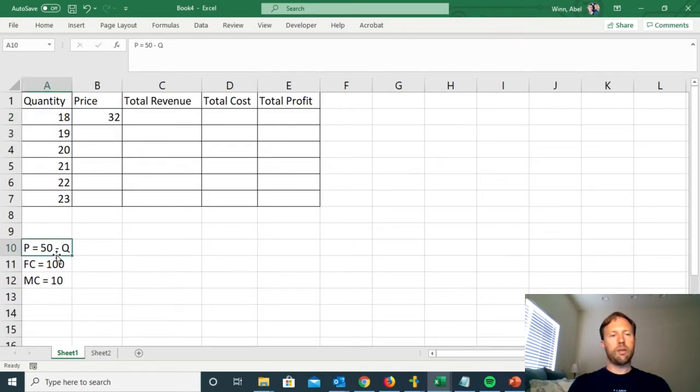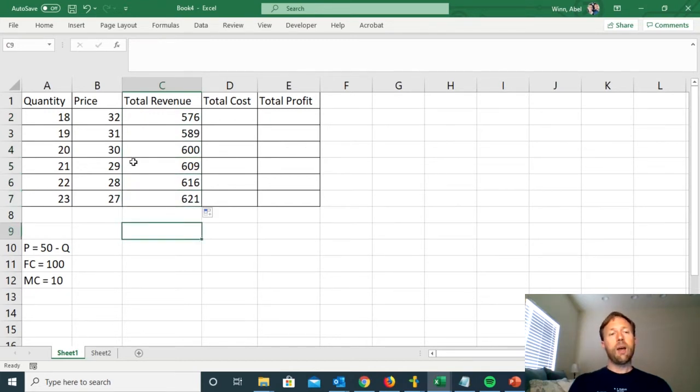That's what we're given down here. And if I copy that down, there's the price for each unit. And so I could say total revenue is equal to the quantity times the price. And there you would see the numbers that I've plugged into the answer key that's online.